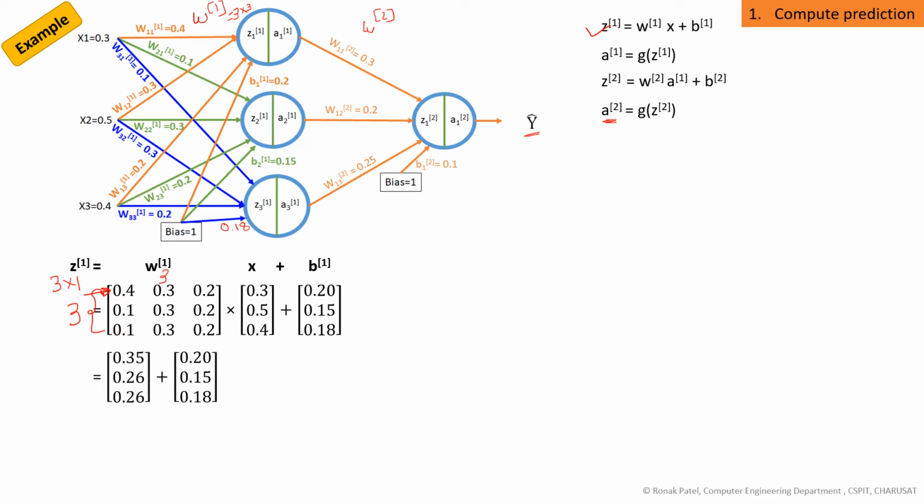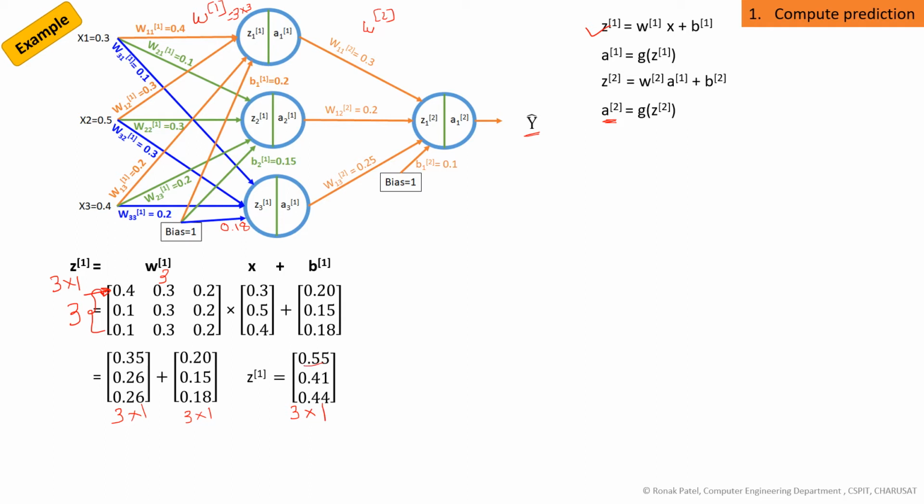This is W1 into X. W1 is 3 cross 3 and your X is 3 cross 1, so the result will be 3 cross 1, plus this is also 3 cross 1. If you perform the addition, you will get this Z1, which is also 3 cross 1.